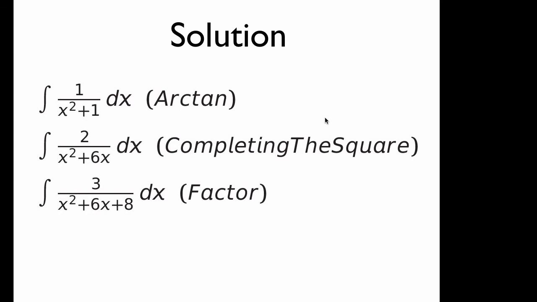That third option, 3 over x squared plus 6x plus 8, is a good example of where we can factor the denominator and use partial fractions to find two fractions to integrate.